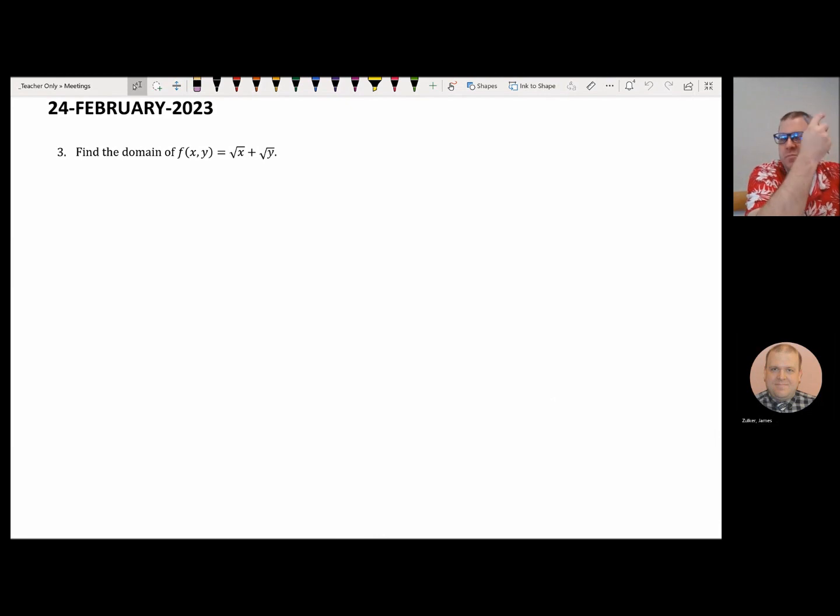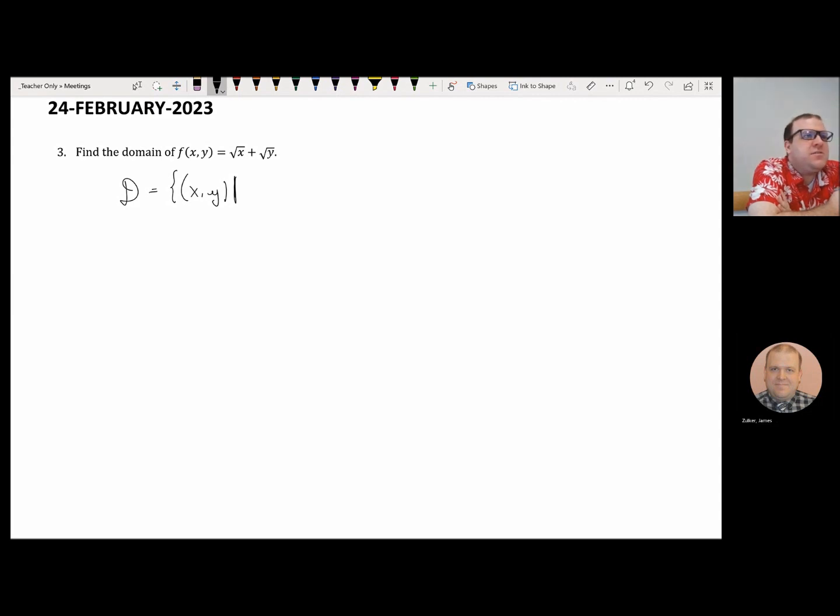So finding domain. Remember, domain is now a set of ordered pairs. So we need a set of ordered pairs x, y that can be plugged in for f of x, y.